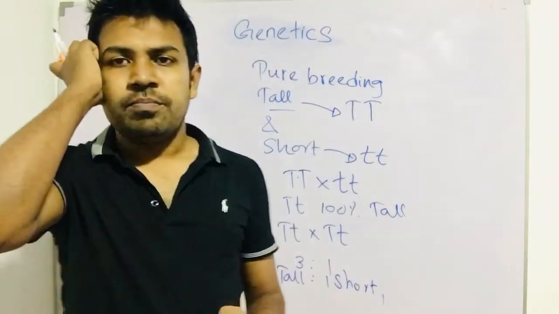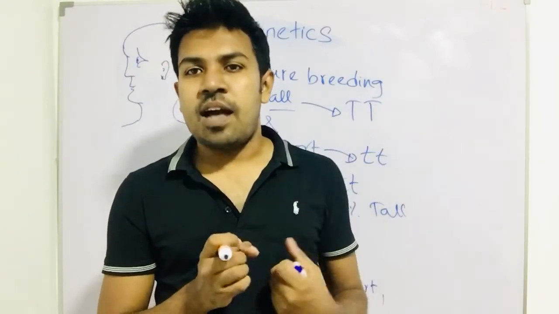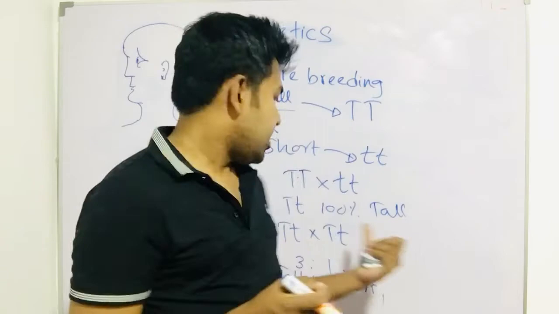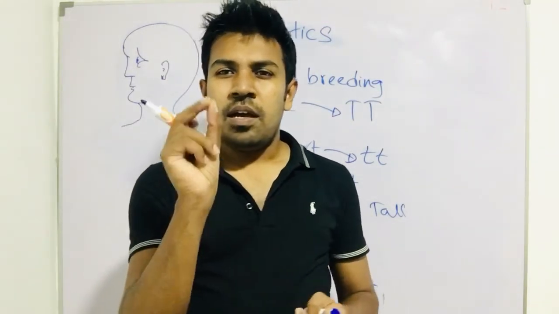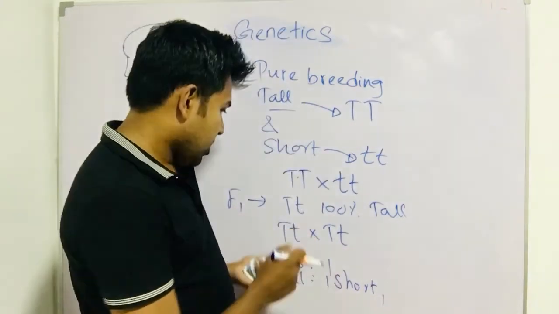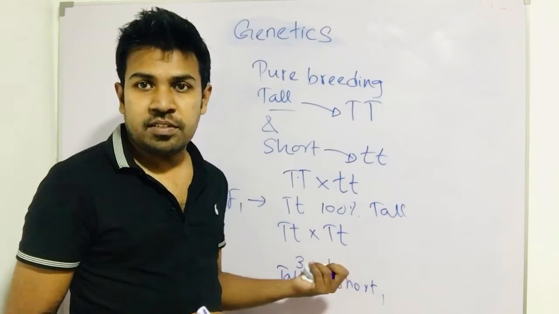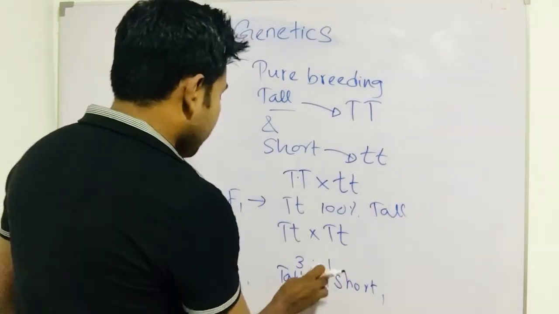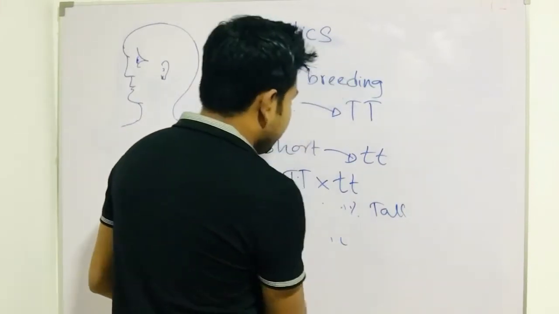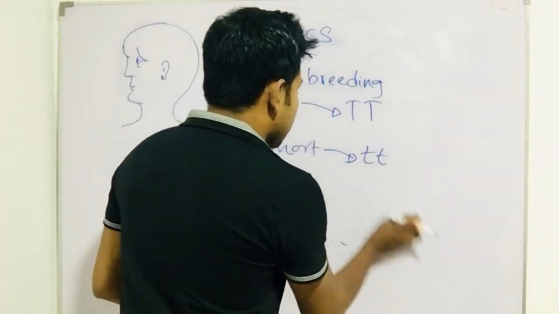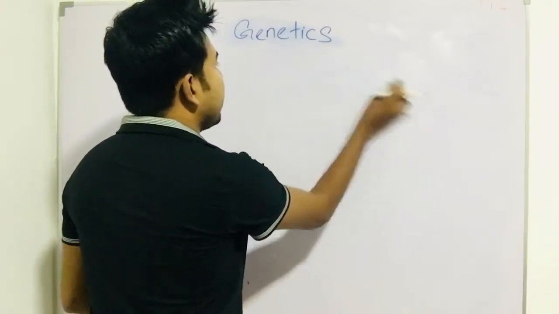So later on, scientists found that these features are carried by specific things called genes. So a characteristic will always be transmitted through a combination of two genes like here. So I will tell you what happened exactly in Mendel's experiment. Before that I will tell you how genes are categorized.